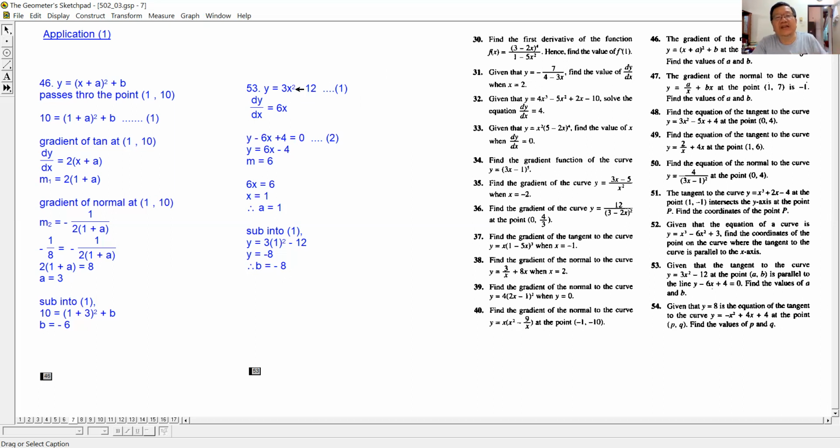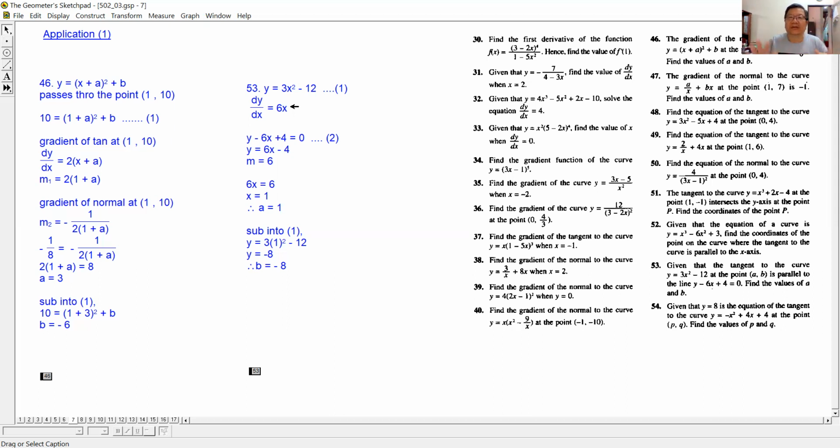So whenever you see the equation of the curve, you find dy dx. Whether you can get the answer later on or not, if you can find dy dx, you can get 1 mark, because that is required by the question, right? So if it's required and you can find dy dx, you can get 1 mark.